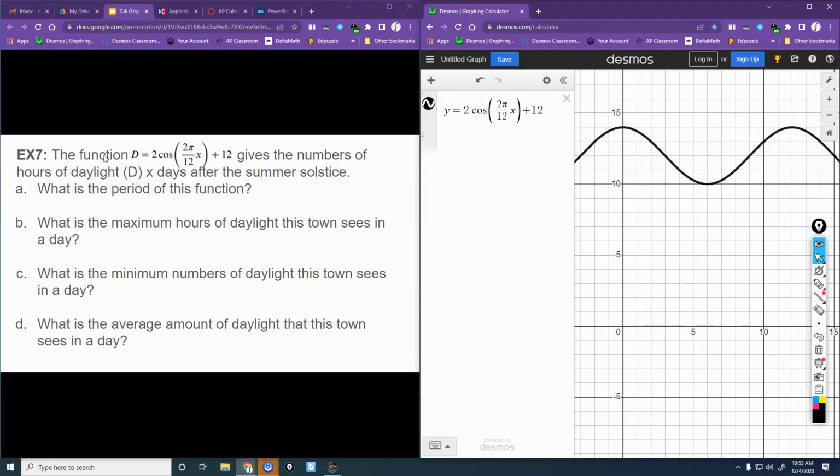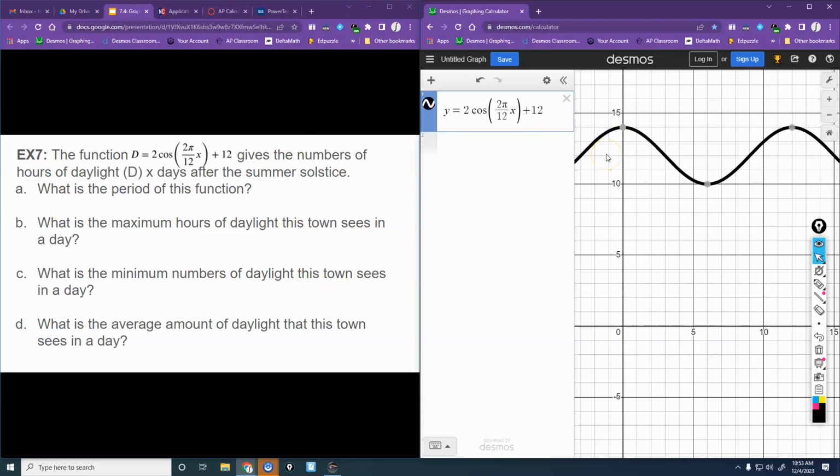Okay, so what is the summer solstice? The sun. It does involve the sun. It is the longest day of the year. You can see that makes sense because you've got the longest day of the year. So if we want to know the period of this function, we want to look at this graph.